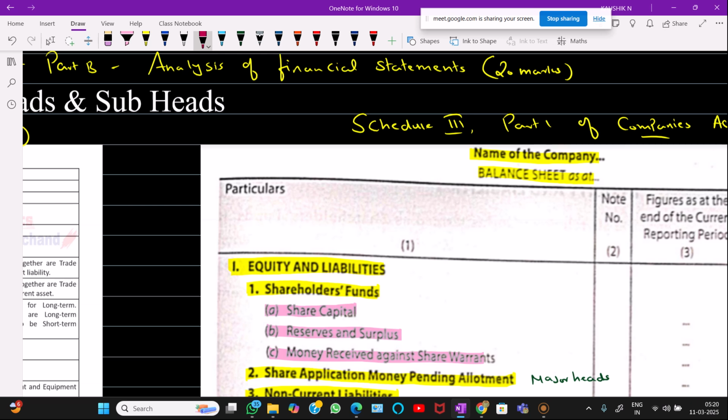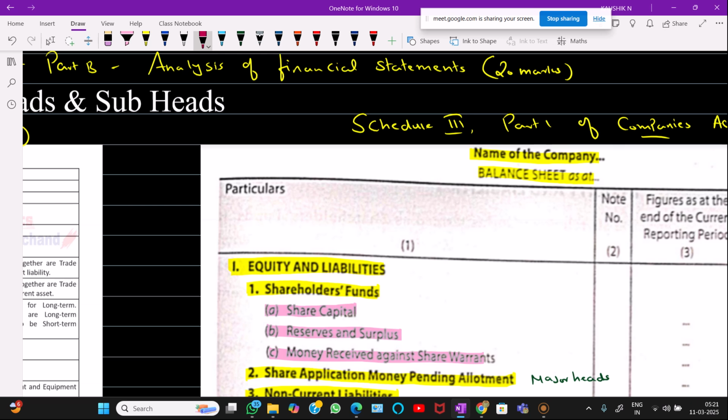No, sir. Okay. Now you may ask, how will I be able to identify whether this is a major head or a subhead? You will be given some items or specific terms.